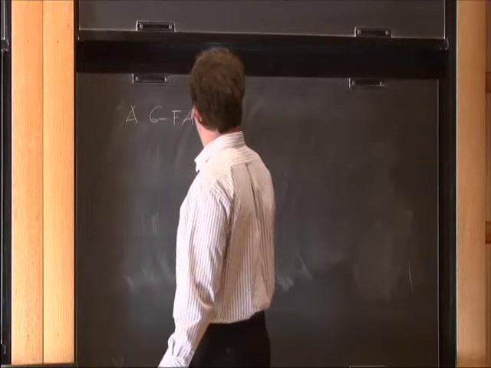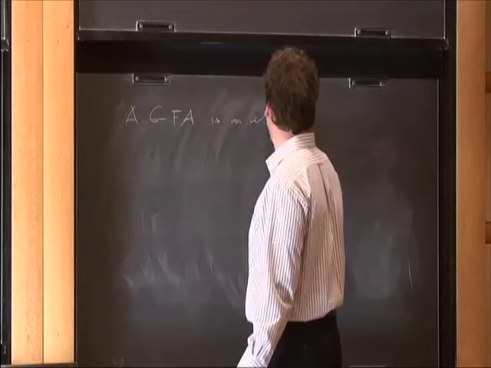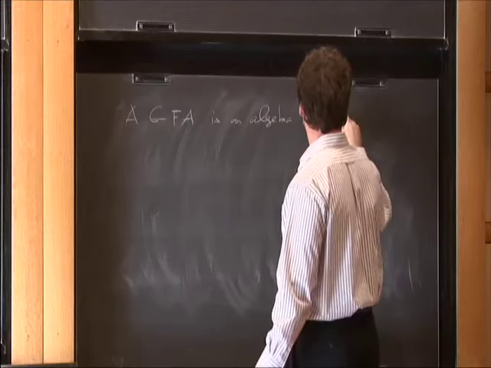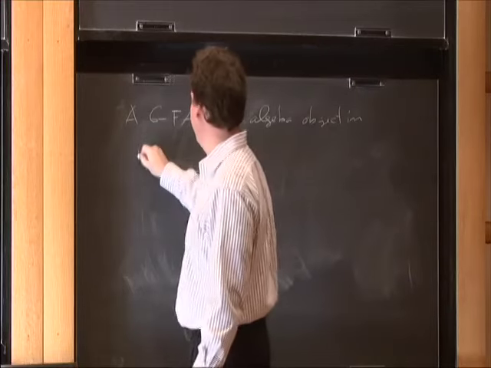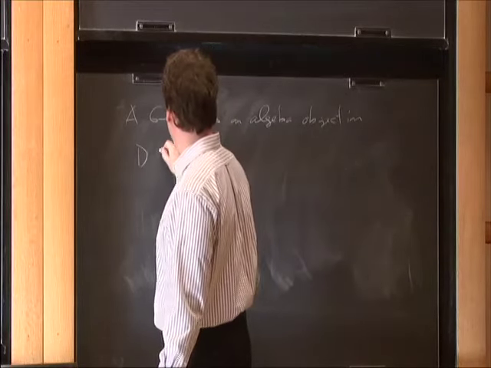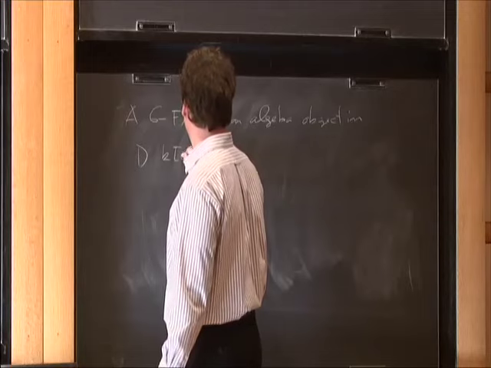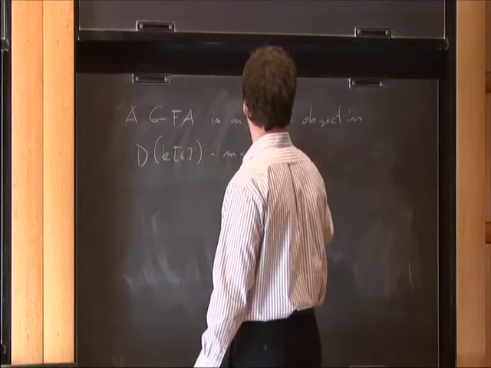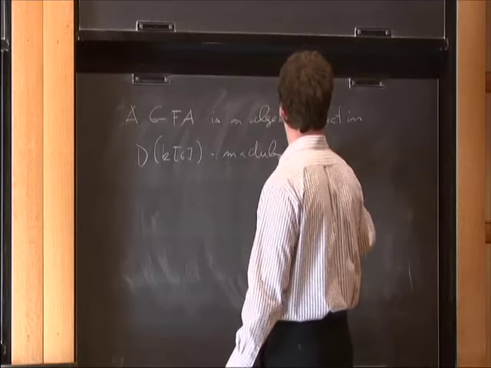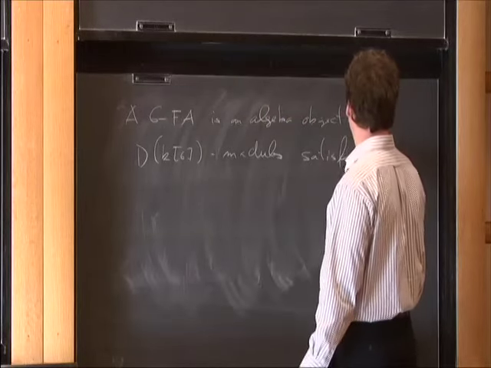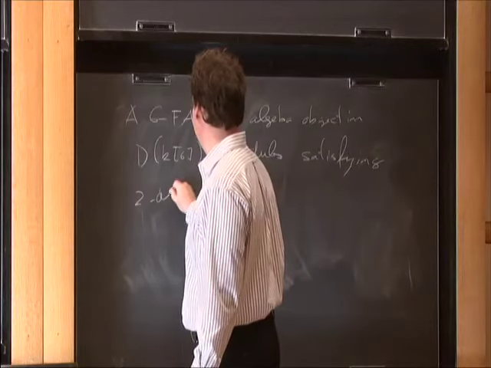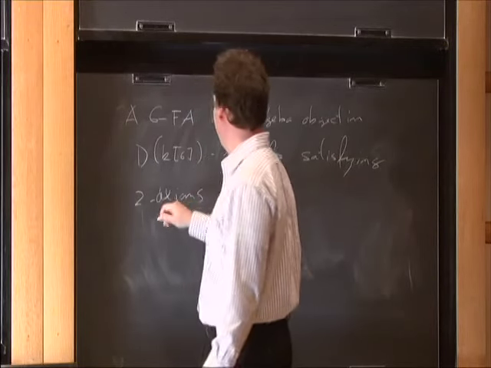A G-Frobenius algebra is an algebra object in the category of D(KG)-modules satisfying two axioms.